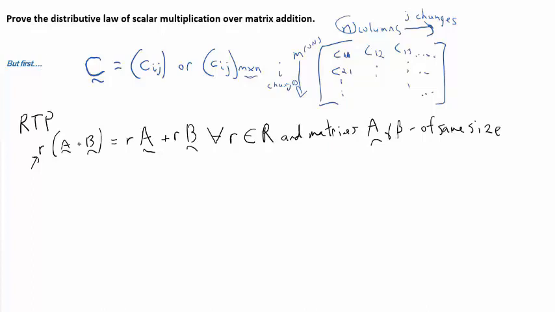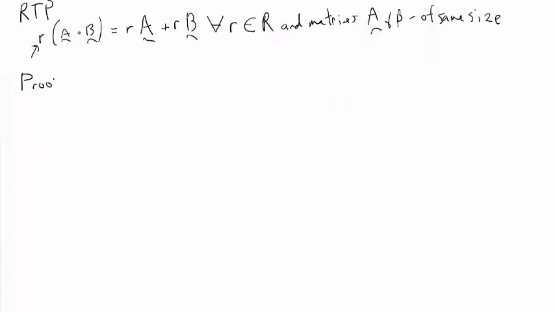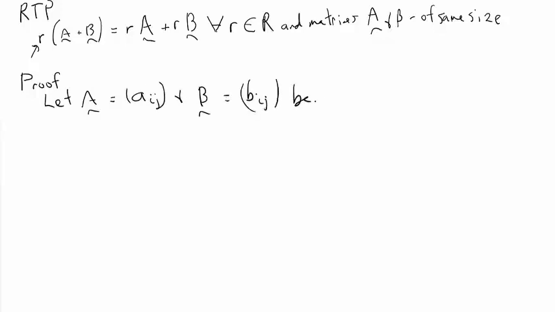So the proof can start now. Proof. Define your terms. So let matrix A and matrix B be defined by their elements.